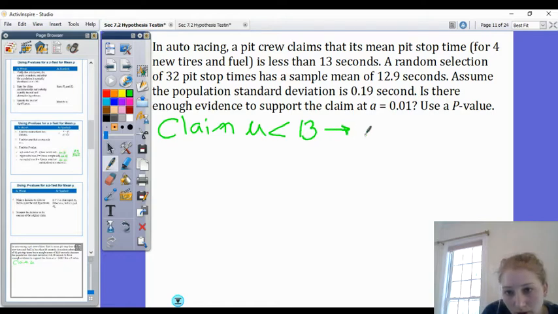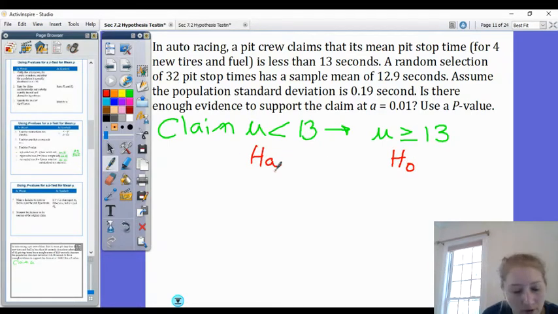The corresponding value is greater than or equal to 13 seconds. Which one is my null? Remember, your null always has to have the equal to. So this is my null, and this is my alternative.